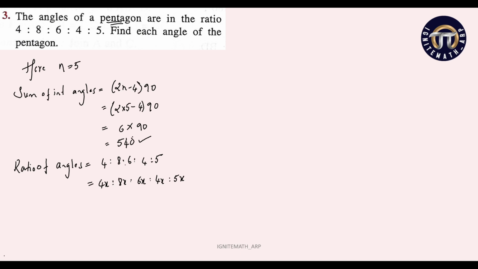So means what? 4 plus 8 is 12, 12 plus 6 is 18, 18 plus 4 is 22, 22 plus 5 is 27. So I can write 27x is equal to 540, x is equal to 20 degree. So I can say first angle is equal to 4x, that is 4 into 20 is equal to 80.